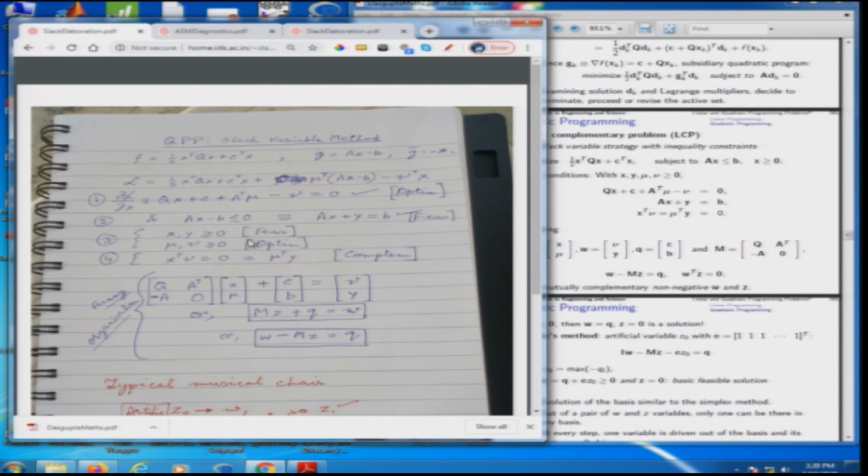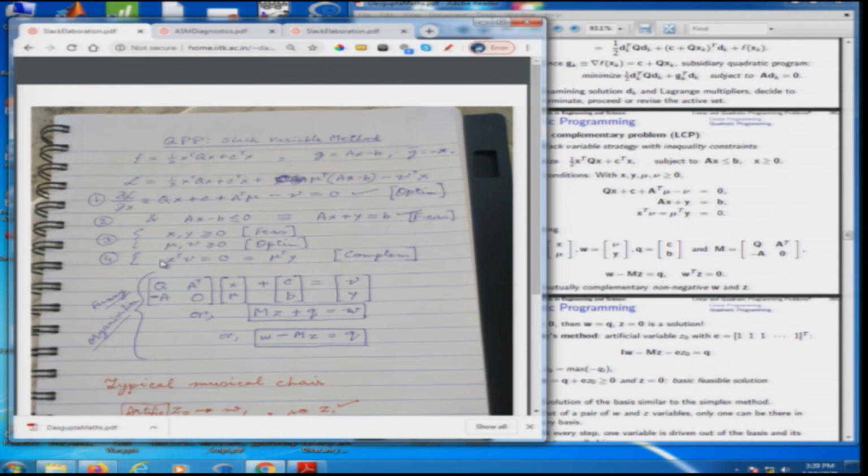In the KKT conditions you get this for ensuring optimality in the cone of the feasible directions. Okay.